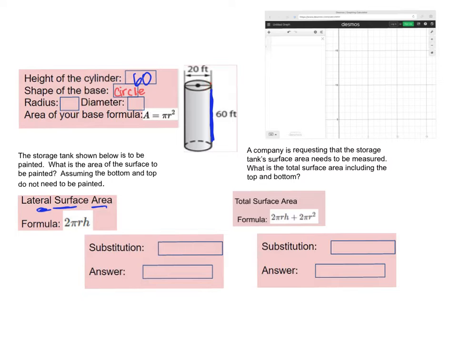I'm going to erase this so we can determine whether this is a radius or a diameter. Well, if we look at the center point of my circle, and it's cutting the circle completely in half, what we call that is a diameter. So the diameter is what is given, and that is 20.